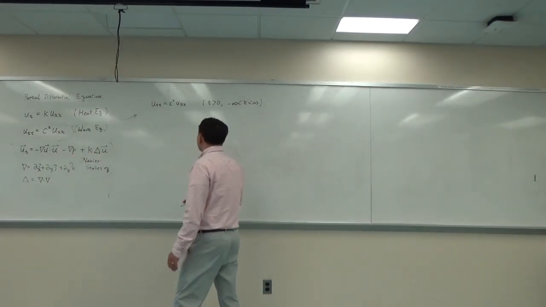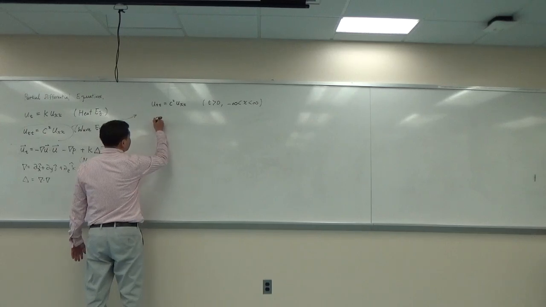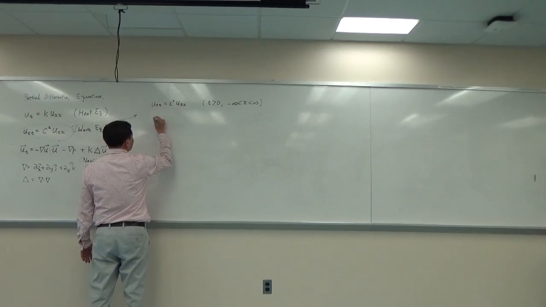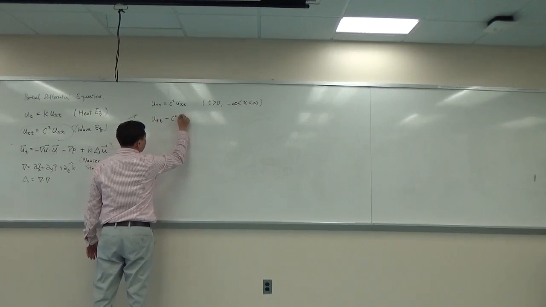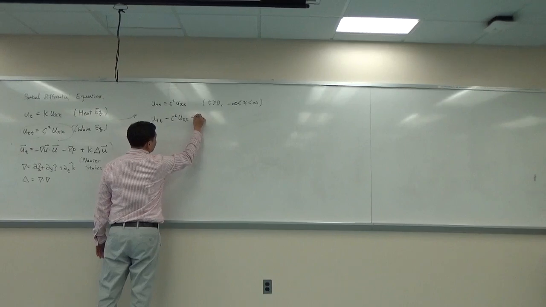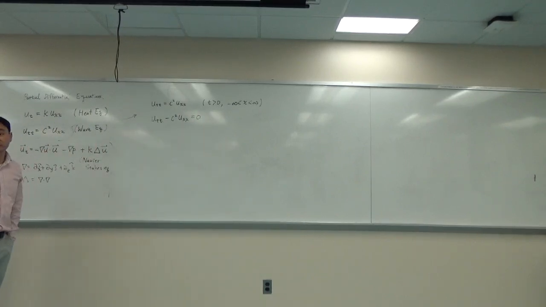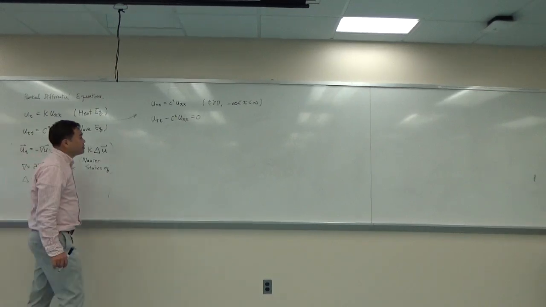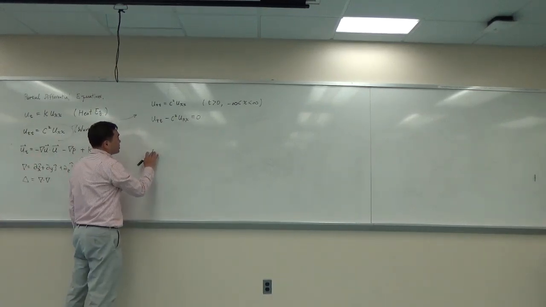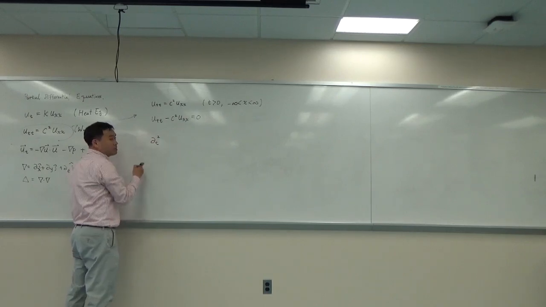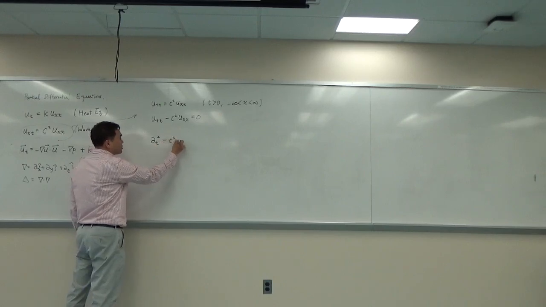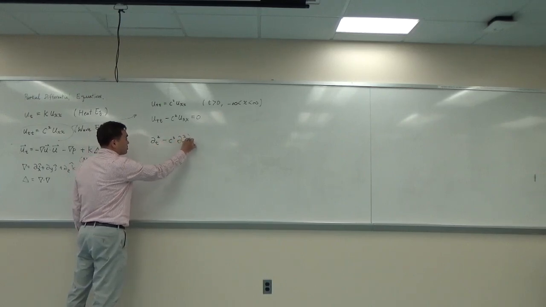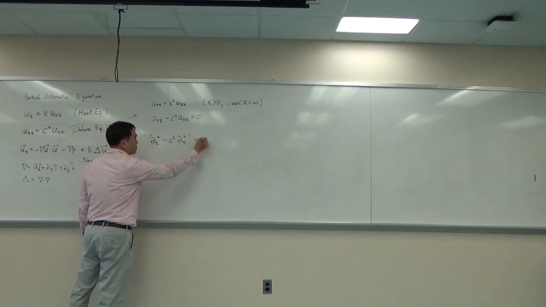All right. So how are we going to solve this? First, I want to move this to this side and write down u_tt minus c squared u_xx equal to 0. Then it looks like the second derivative in t minus c squared second derivative in x applied to u equal to 0.